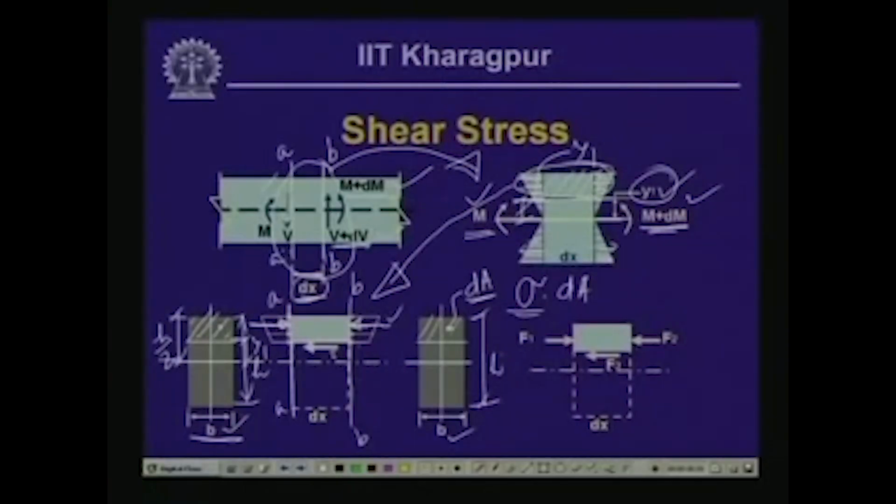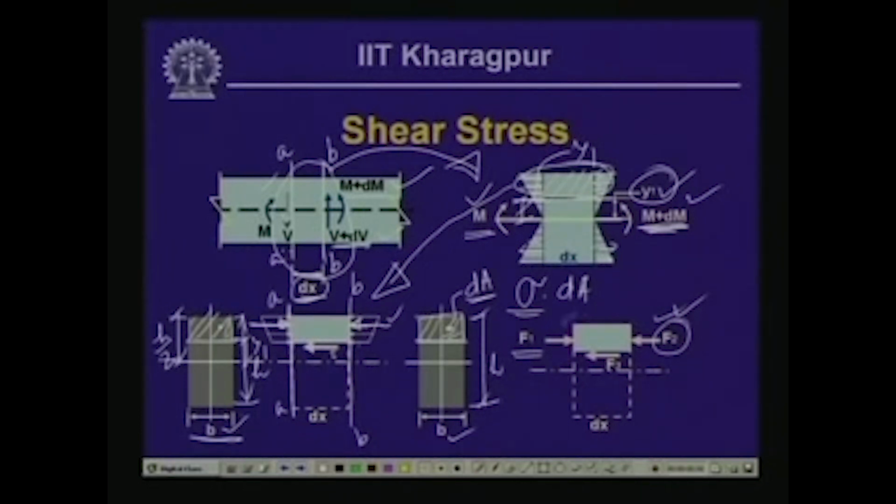So on this side, this particular force F1 will be the stress multiplied by the area of this particular segment, and on this side the force F2 will be the stress which is generated because of M plus dM multiplied by this segmental area, which will give us F2.